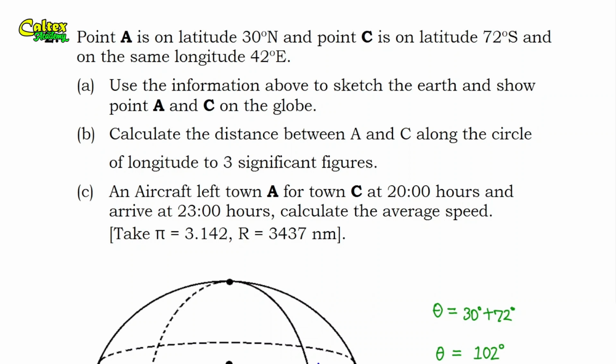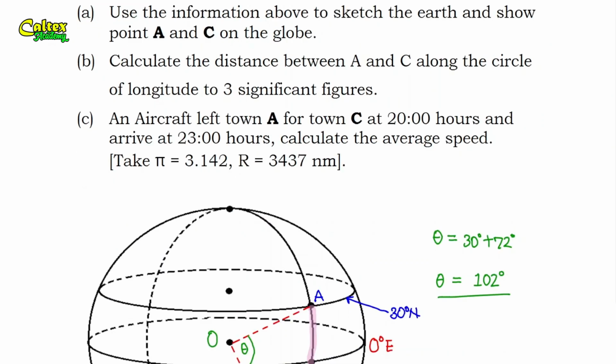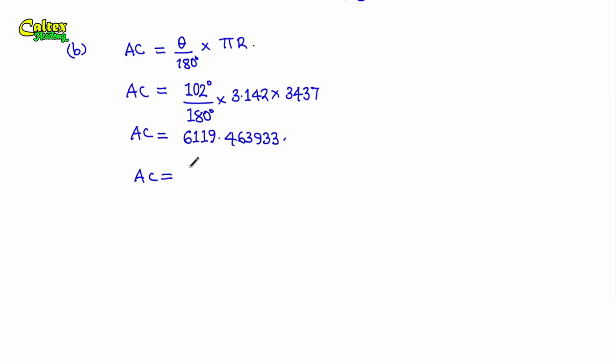Therefore, this approximates to 1, 2, 3. We normally start counting from here, and this is 9, so we can round it upwards, and we have 6,120, and that is in nautical miles. And that is the answer for part B of the question.